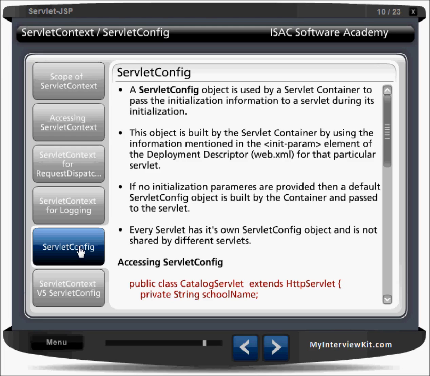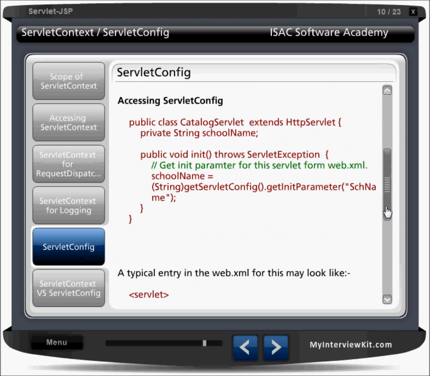If no initialization parameters are provided, then the default ServletConfig object is built by the container and passed to the servlet. Every servlet has its own ServletConfig object, and it's not shared by different servlets, right? But ServletContext can have something and can be shared by other servlets, right?